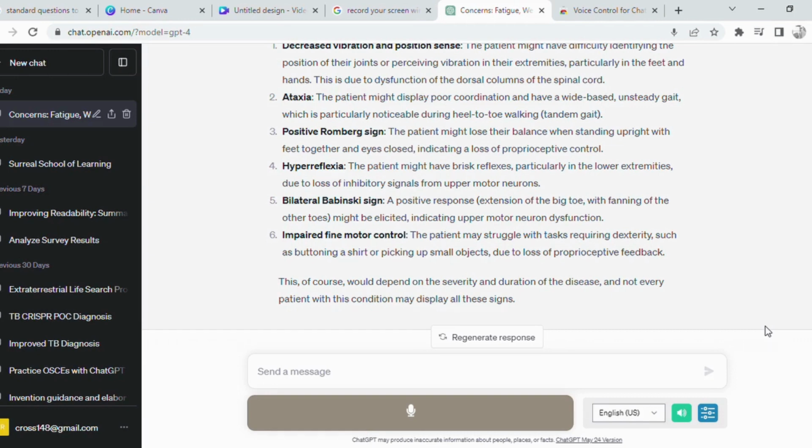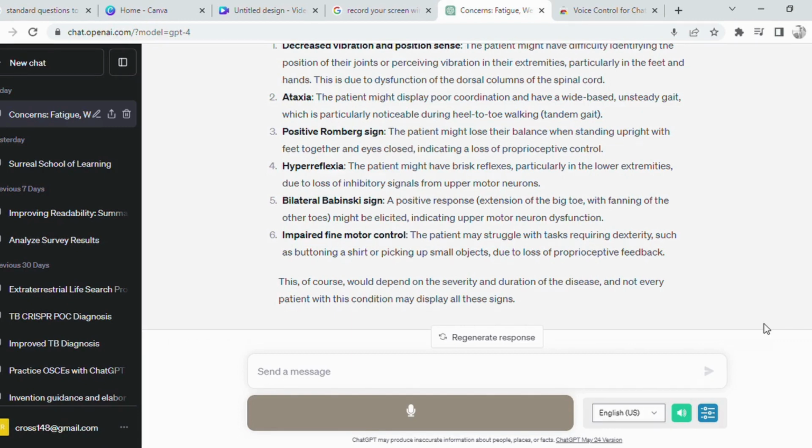The patient might display poor coordination and have a wide-based, unsteady gait, which is particularly noticeable during heel-to-toe walking, tandem gait. Positive Romberg sign. The patient might lose their balance when standing upright with feet together and eyes closed, indicating a loss of proprioceptive control. Hyperreflexia. The patient might have brisk reflexes, particularly in the lower extremities, due to loss of inhibitory signals from upper motor neurons.